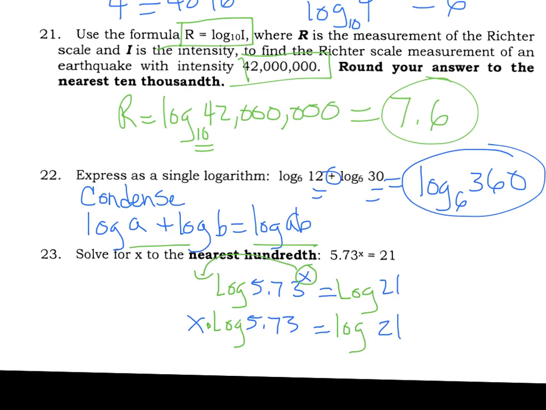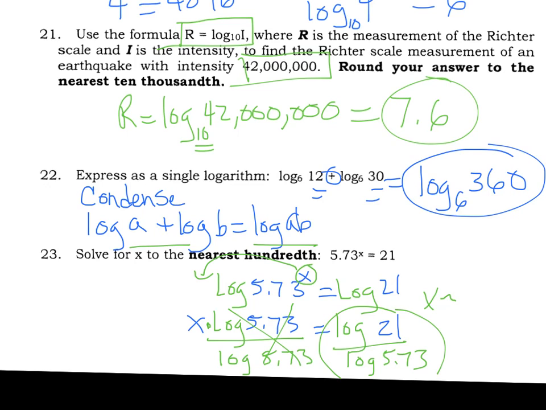See, x is being multiplied by the log of 5.73, so to undo that I will divide by the log of 5.73 here and here. So of course these cancel, that was intentional, and x will just simply be whatever this is. So I'll just do that on my calculator, log of 21 divided by log of 5.73, and I should end up with x being approximately 1.74.